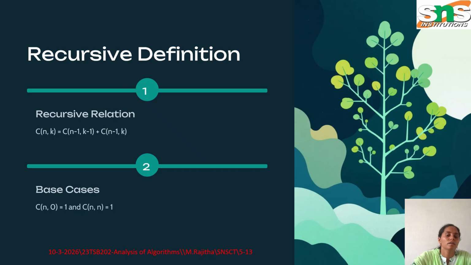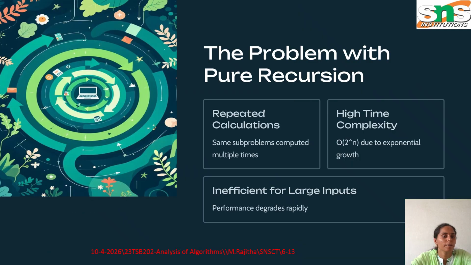There are also base cases: C of n, 0 equals 1 and C of n, n equals 1. This recursive relation is the basis for dynamic programming.